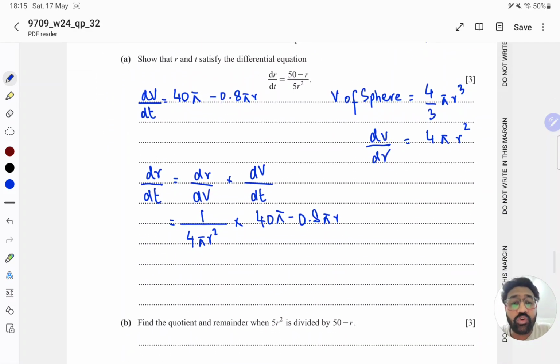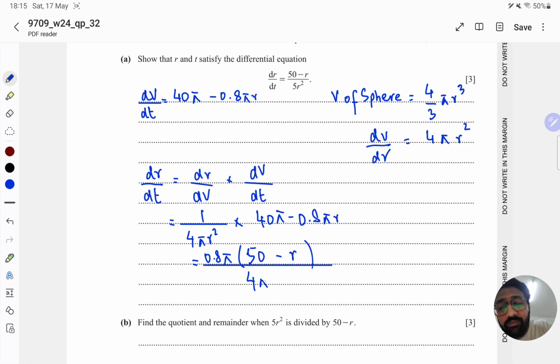But I have to show it as this. You see that the numerator does not have a pi, so I'll take pi as common, and the numerator also does not have 0.8, so I'll take 0.8 pi common. 40 divided by 0.8 is 50, so inside I'll have 50 minus r, divided by 4 pi r squared.